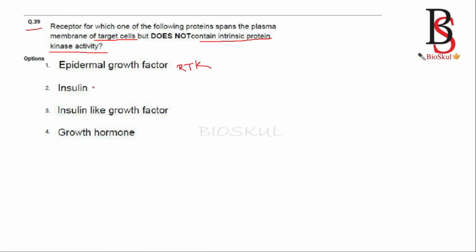So for insulin, the receptor is also a receptor tyrosine kinase. For insulin-like growth factor, the receptor is a receptor tyrosine kinase, that is RTK.